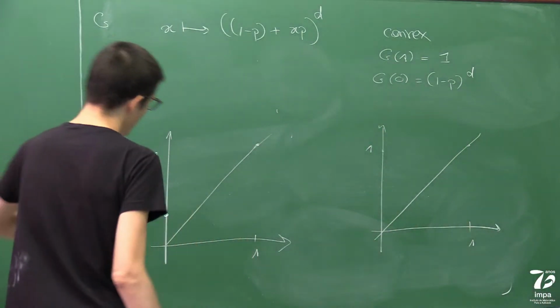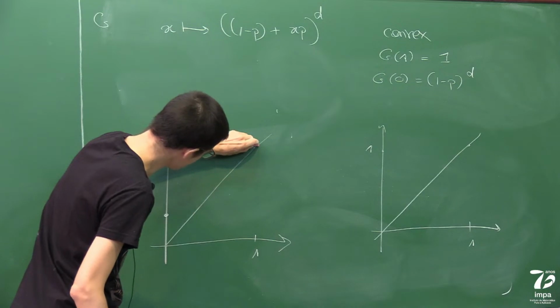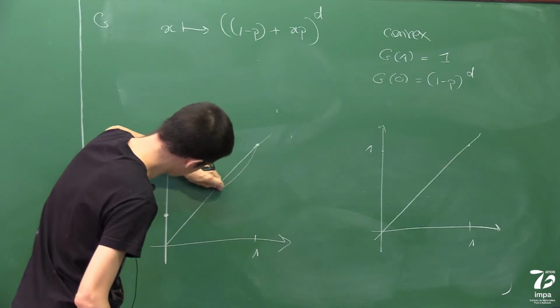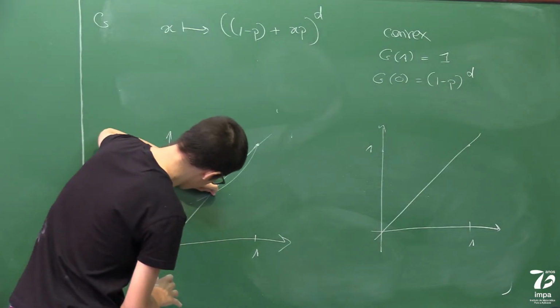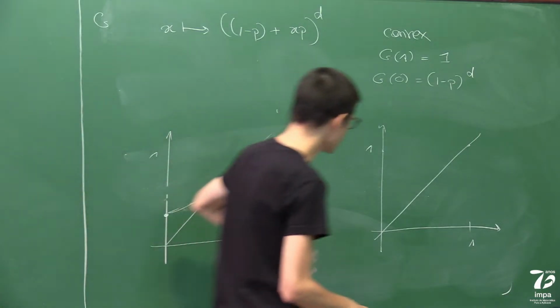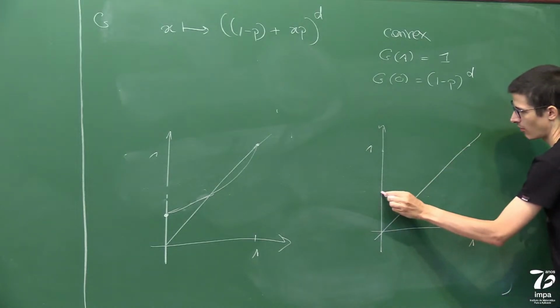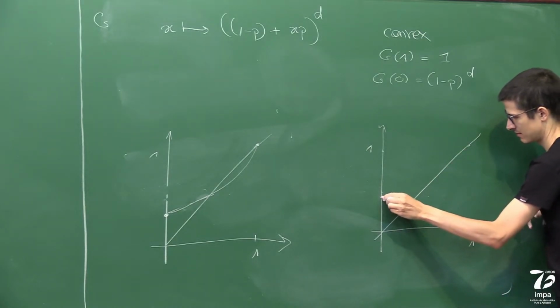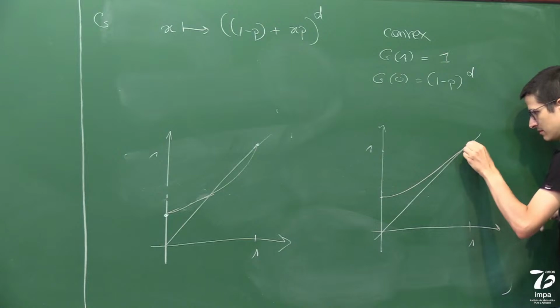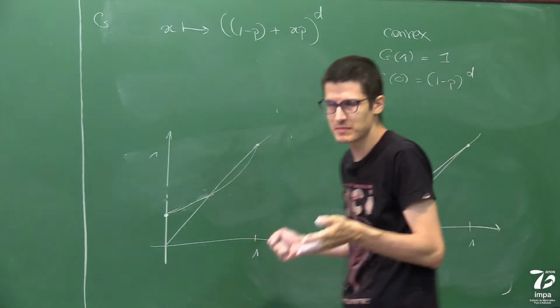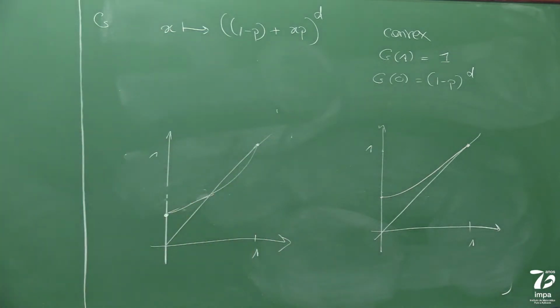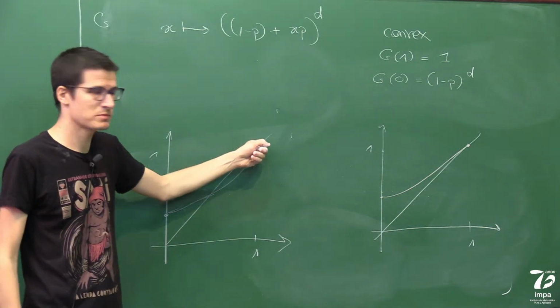Either it looks like this, or it looks like this. There are only two possibilities: either I have two fixed points or I have one fixed point. And the thing is that I know that 1 is always one fixed point.